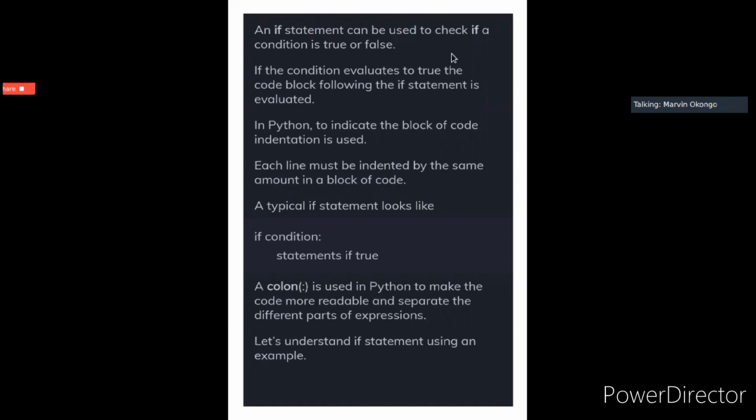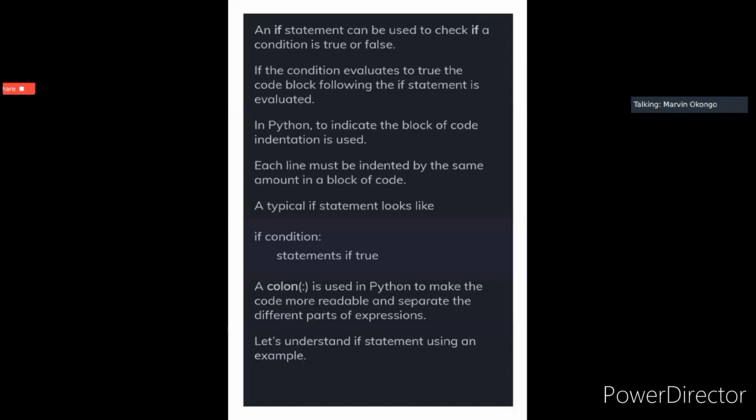An if statement can be used to check if a condition is true or false. If the condition evaluates to true, the code block following the if statement is evaluated. In Python, to indicate the block of code, indentation is used. So I would like you to take note of this. Indentation is very important in Python.